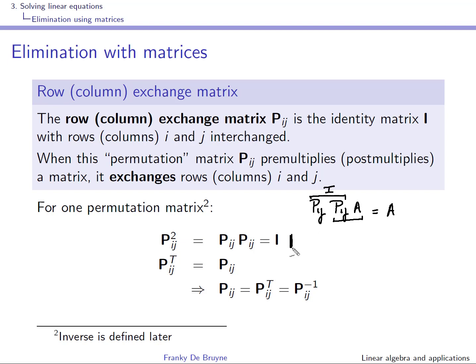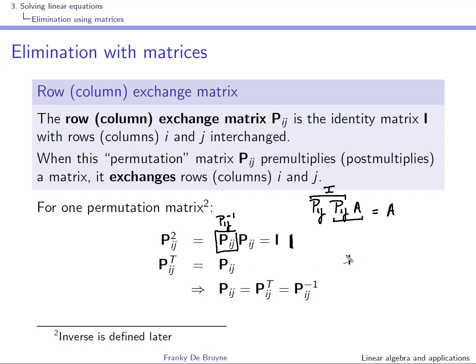This is the property that is written over here. Okay, so Pij squared is the identity matrix, but this also means that the matrix is equal to its inverse. We'll talk about inverses later on in the course. So you have Pij equal to its inverse, but you can also see by taking a few examples that Pij is equal to its transpose.